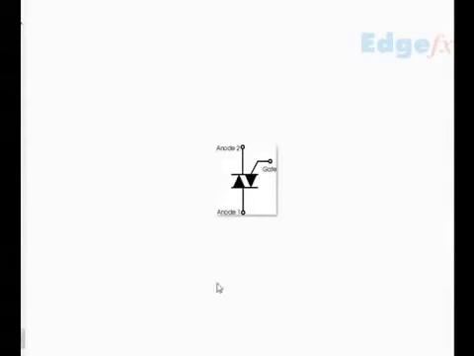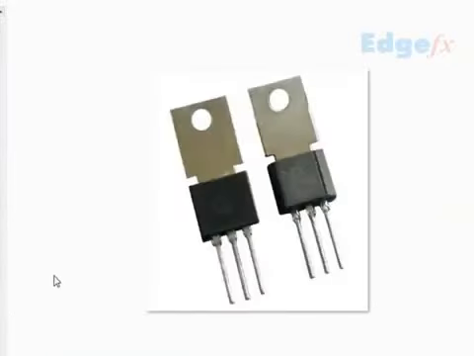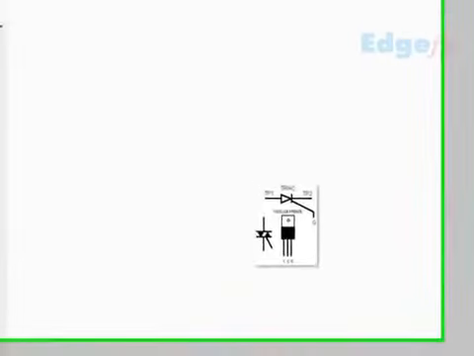Next comes the TRIAC, which is a bidirectional AC switch, and it has a gate like an SCR. And if you look at the comparison, this is the TRIAC. This is what the TRIAC symbol looks like, and they have this type of arrangements where you can identify which one is the anode, cathode, gate.